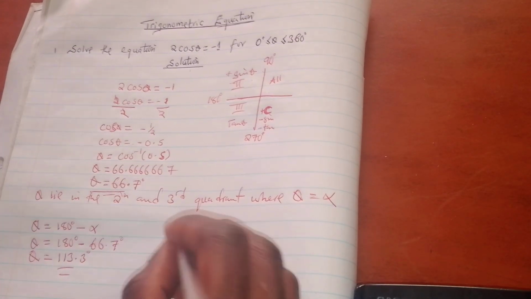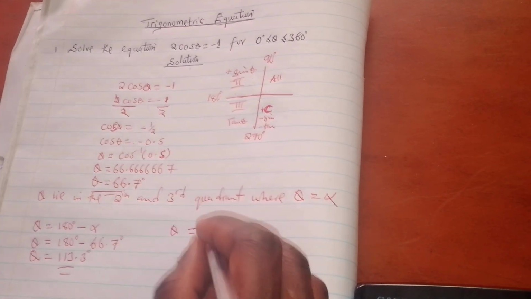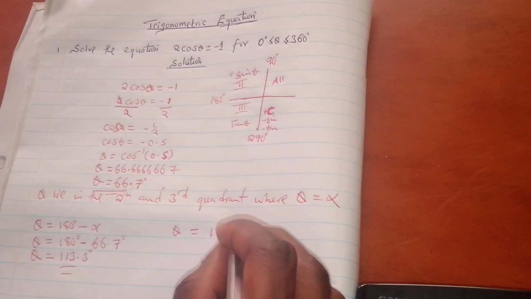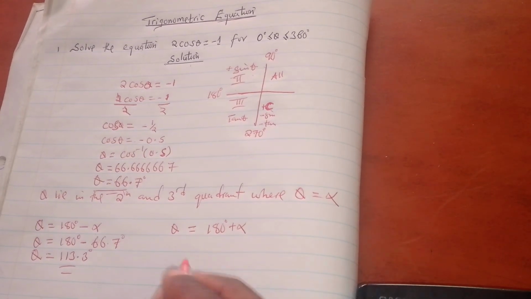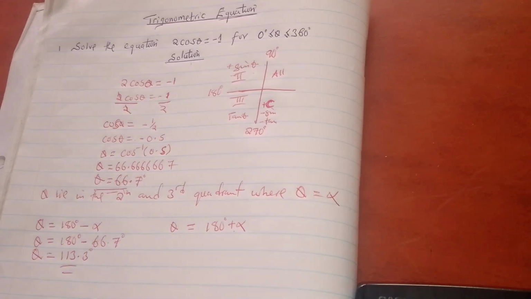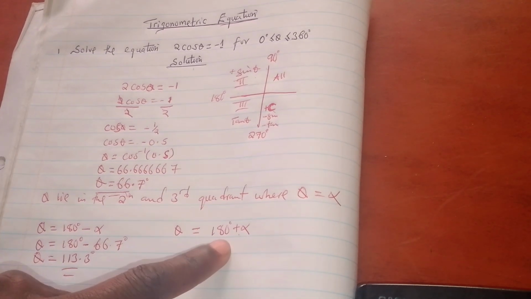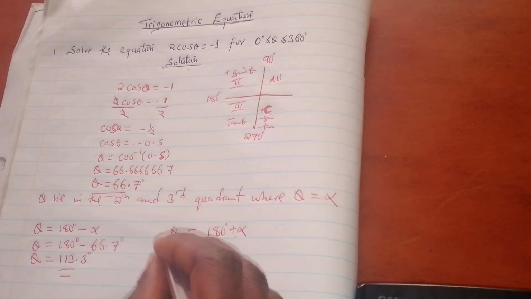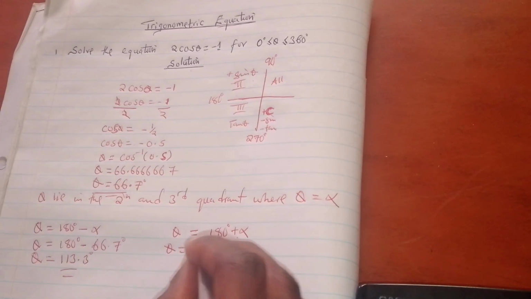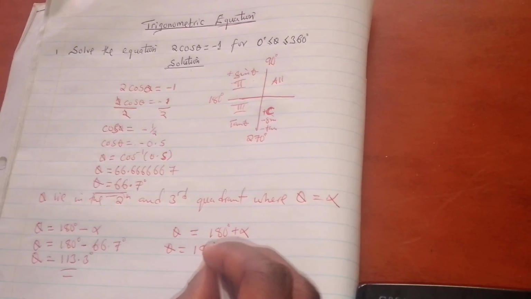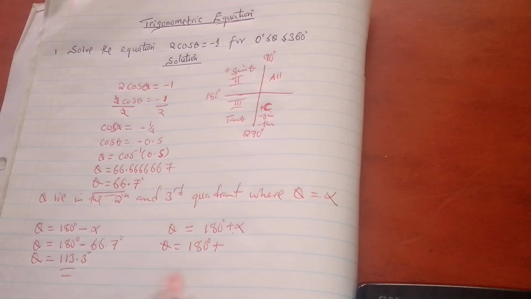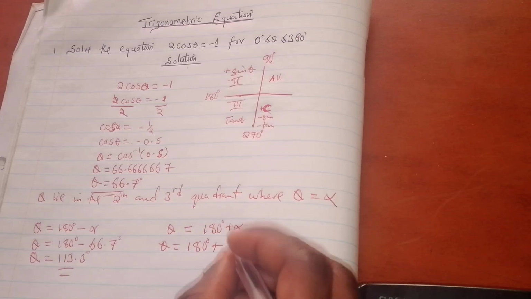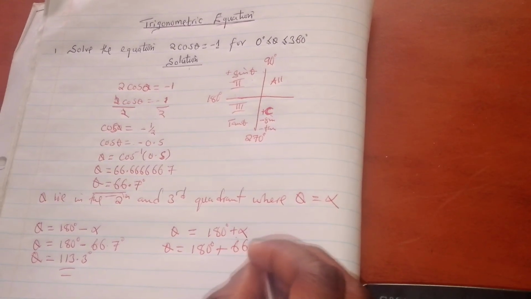In the third quadrant, you say that theta is equal to 180 degrees plus alpha. So in the third quadrant, we are adding, we are not subtracting, because angles in the third quadrant are equivalent to 270 degrees. So we'll say 180 degrees plus alpha, which is the reference angle in the first quadrant, 66.7 degrees.